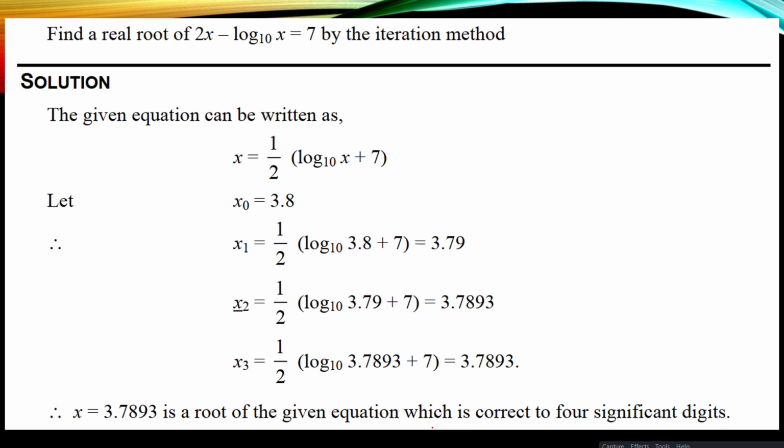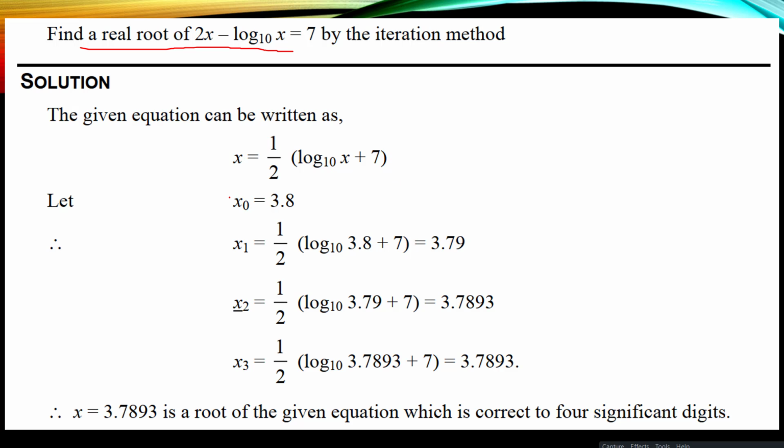So the last problem is to find the real root of 2x minus log to the base 10 of x is equal to 7 by the iteration method. So we have the equation rearranged in the form x is equal to half into (log x to the base 10 plus 7).